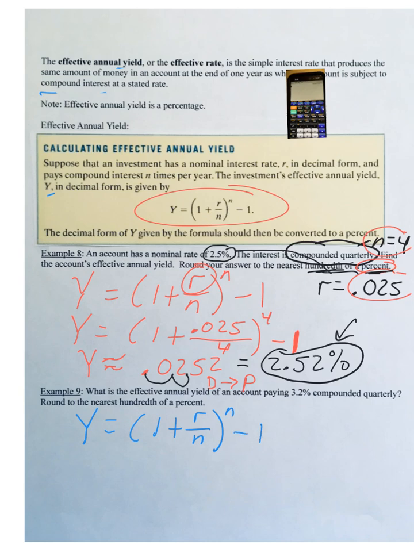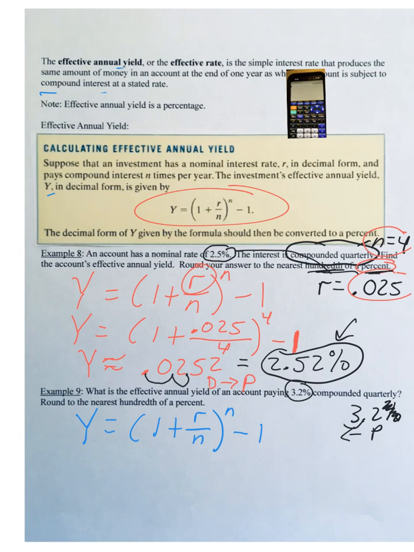Thinking about what to plug into the variables on the right side. So R is the compound interest rate. 3.2%, go ahead and convert that to a pure decimal. So that's where we're used to moving the decimal point 2 hops to the left. So here's hop 1, hop 2, and it becomes 0.032.